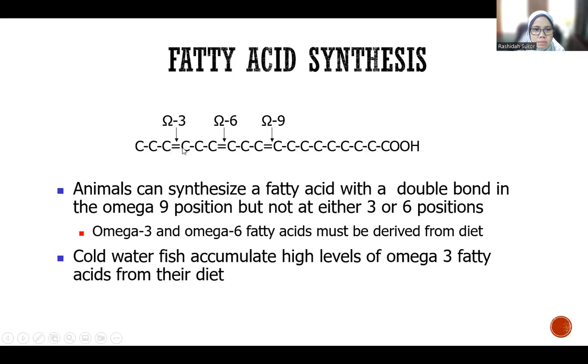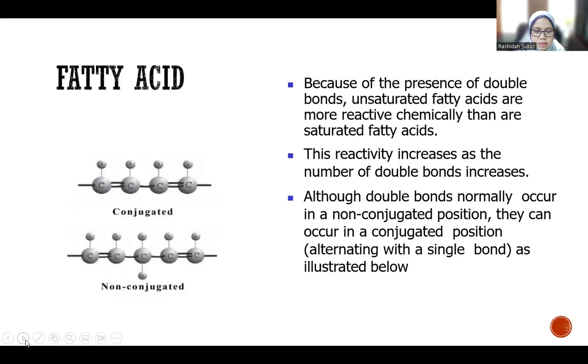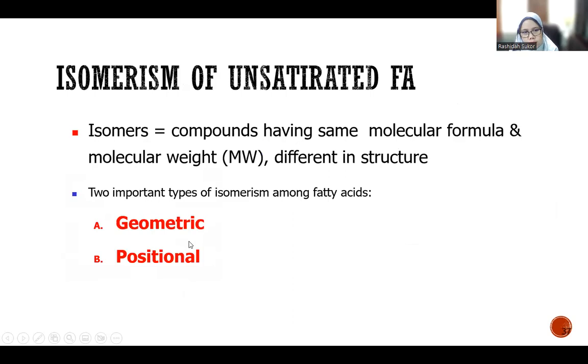If conjugated, it is here, alternating. That is why it says here, although double bonds normally occur in non-conjugated positions, it is usually like this: after 3, carbon number 6. But they can also occur in this type of position. So you have to know the difference between conjugated and non-conjugated.